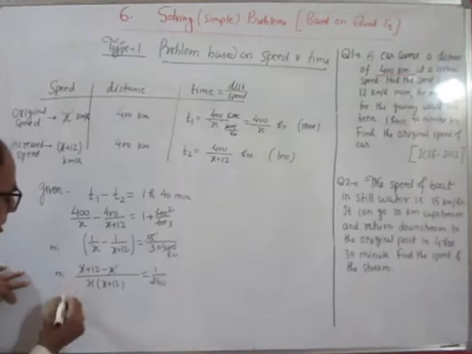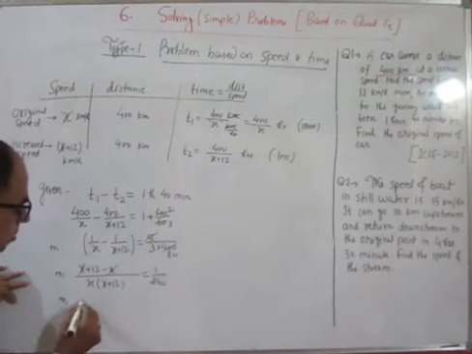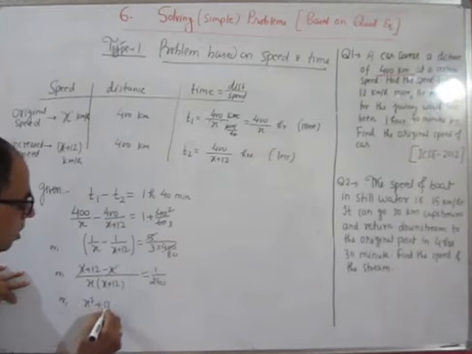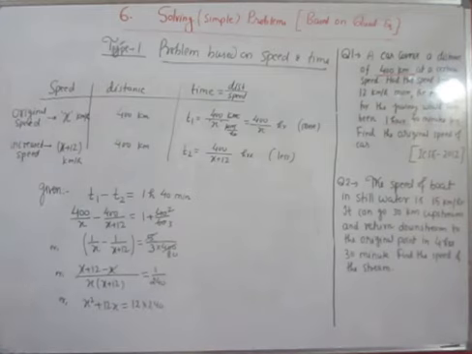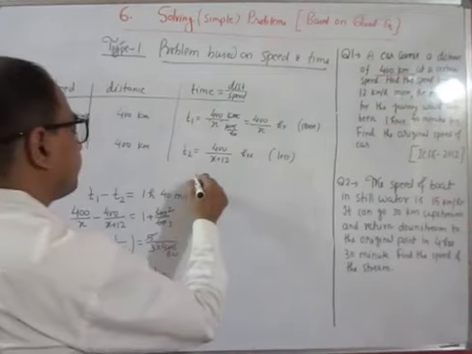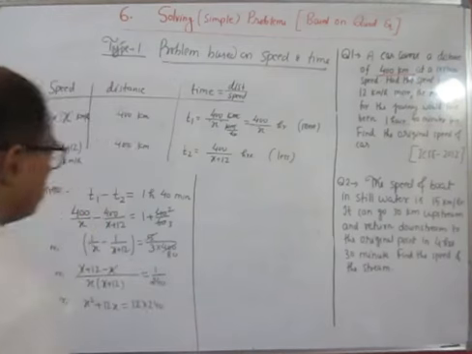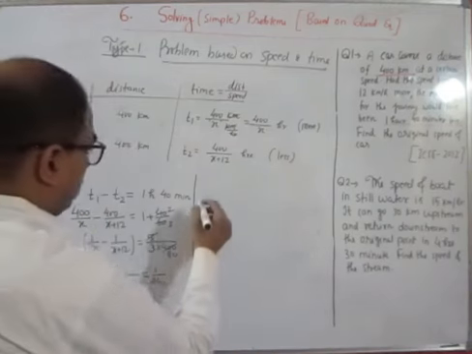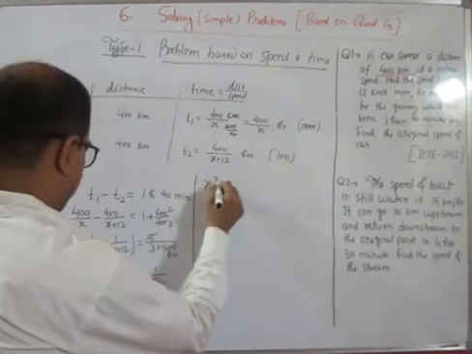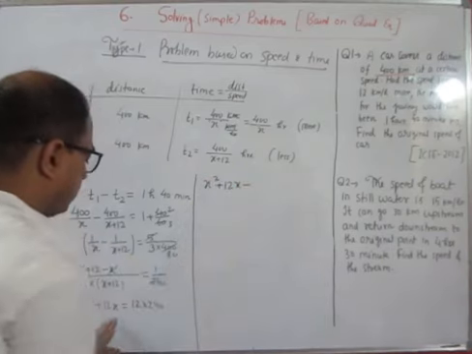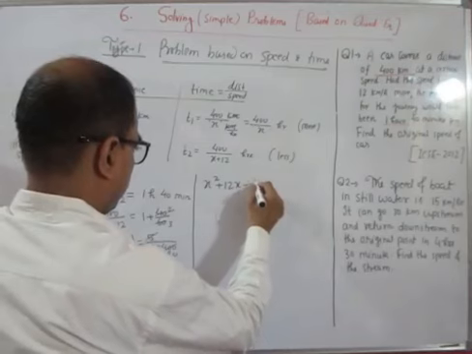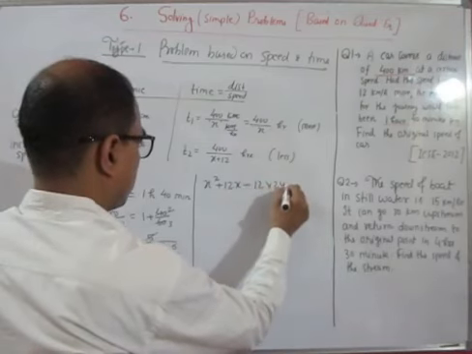Now cross multiply, so it will be x square plus 12x is equal to 12 into 240. So it is x square plus 12x minus 12 into 240 equal to 0.